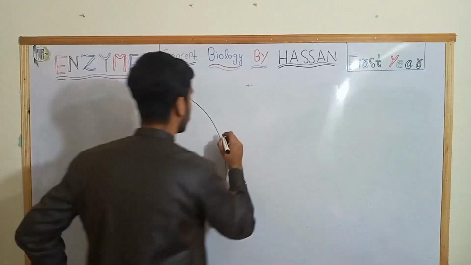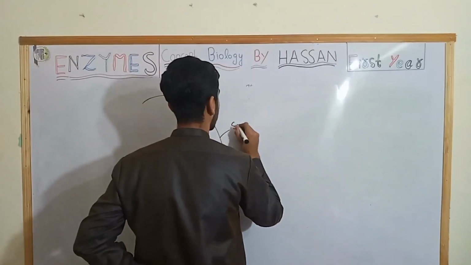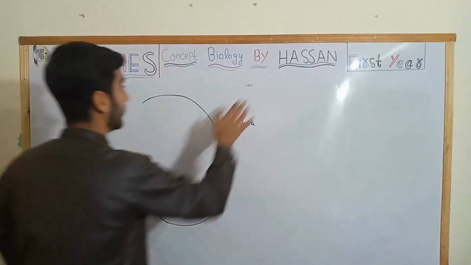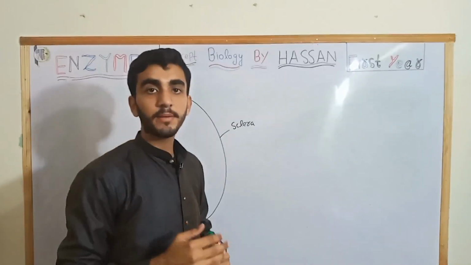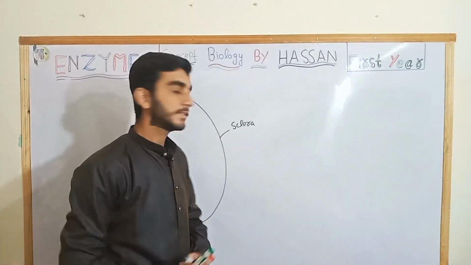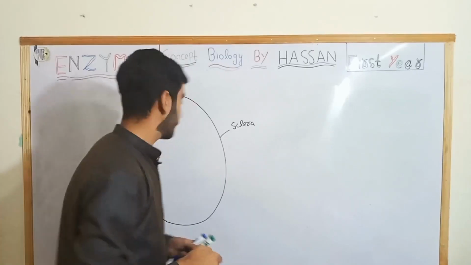This is the region, we call it sclera. The main function of sclera is that it protects the human eye and also provides a site of attachment for muscles.